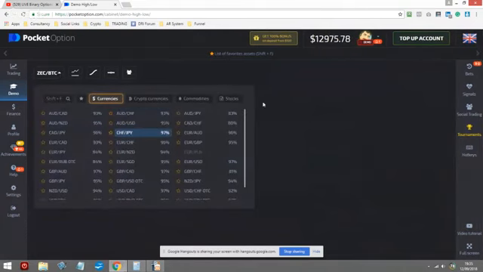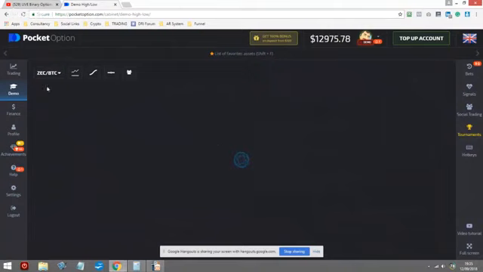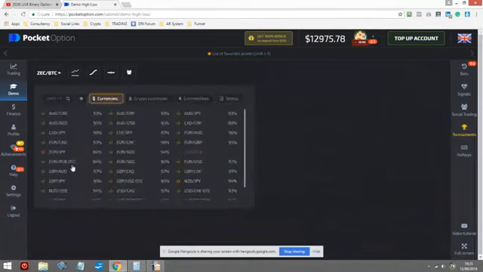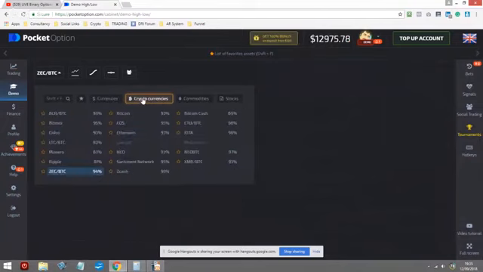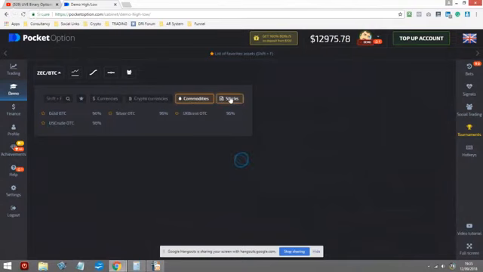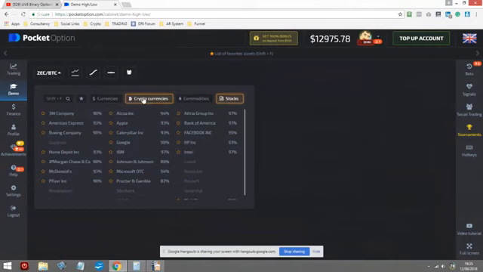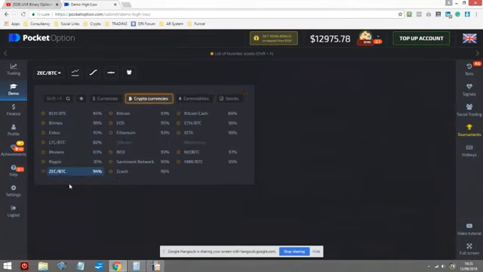Right, let's just very quickly go across the top here. Now, if you click this box here, okay, you can see all the different pairs that you can be trading. So you've got currencies, you've got cryptocurrencies, you've got commodities, and you've also got stocks. Now, cryptocurrencies, I'm just going to have a look at ZEC BTC again, see if that will load up.